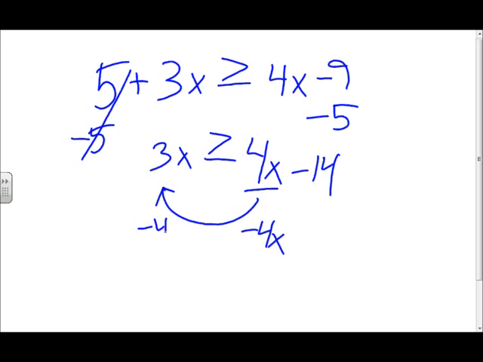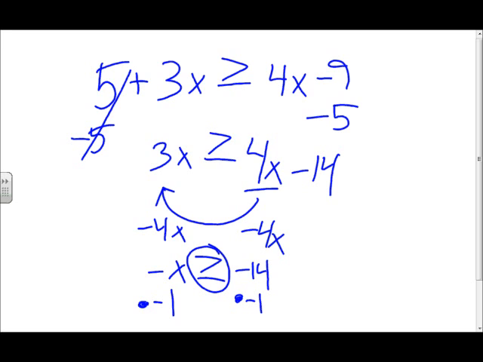and both sides equals negative x is greater than or equal to negative 14. Now this is where it gets a little bit weird, because you have to get x not a negative, so you would multiply by negative 1 on both sides, and whenever you multiply or divide by a negative number, this right here flips whichever way it's going.